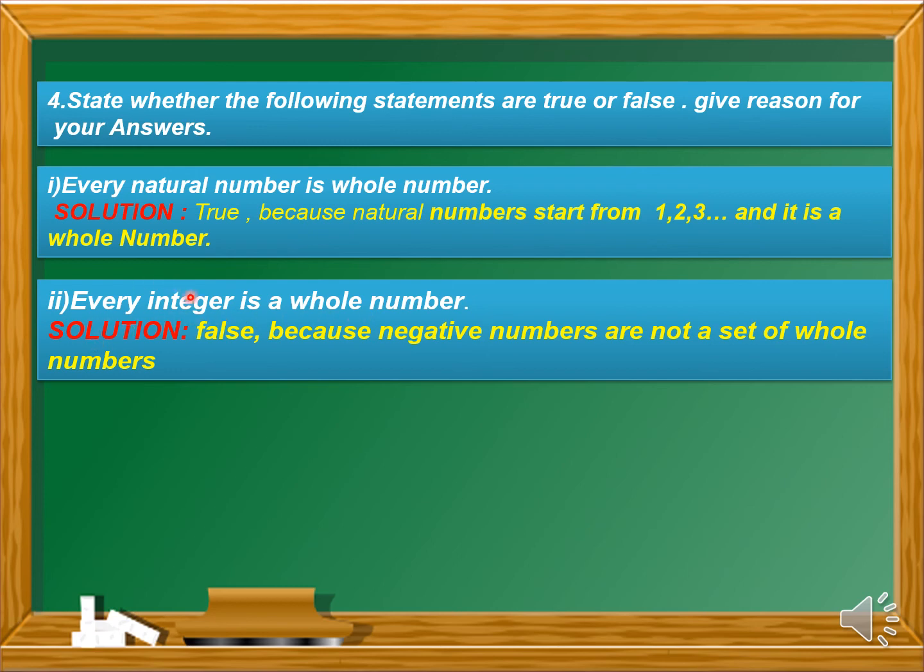So integers also have negative signs, and this cannot be seen in the whole numbers, as whole numbers start from 0. And in integers, the negative part can be seen before 0. So whole numbers don't have negative parts. So solution: false, because negative numbers are not a part of the set of whole numbers.